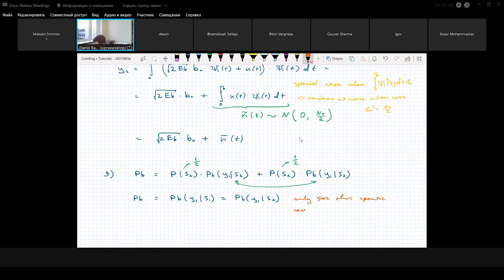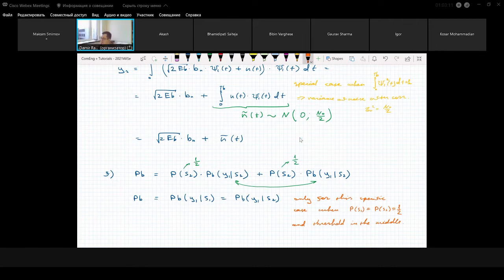Only for this specific case, when the probability of S1 equals the probability of S2 equals 1/2, and the threshold is in the middle.